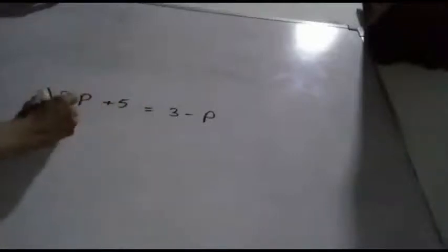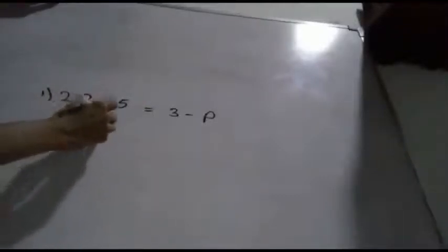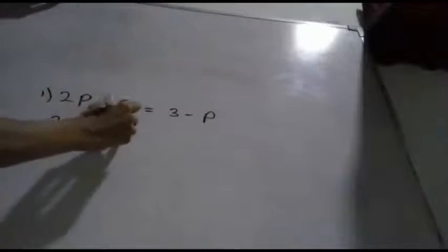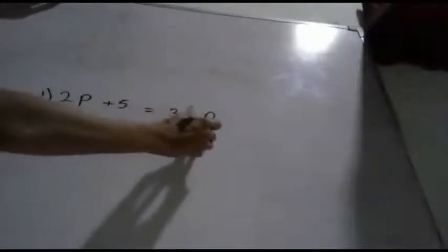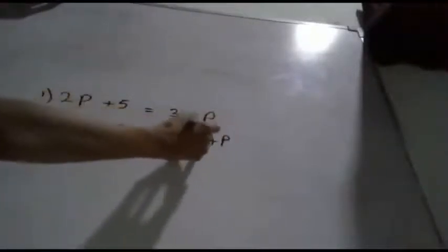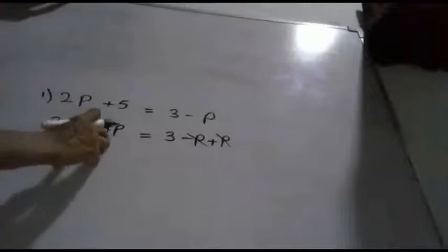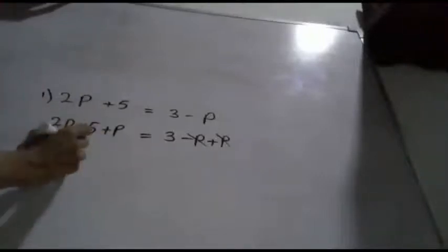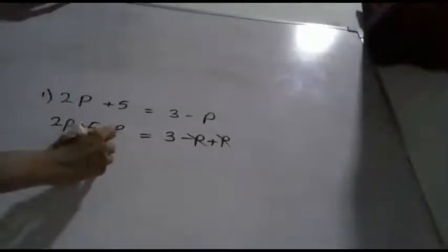We add p to both sides. 2p plus 5 plus p is equal to 3 subtract p plus p. Negative p and positive p cancel out. Negative p is taken to the left hand side and changed to positive p. 2p plus p, 3p plus 5 is equal to 3.